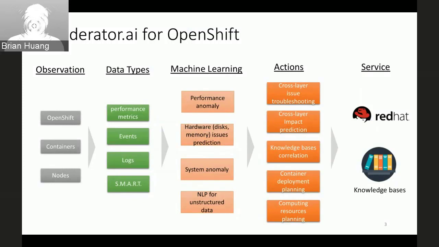They also want to know the root cause when an application has a performance issue. They not only take a look at the application configuration, they also need to know the underlying objects such as the containers and even the hardware components.